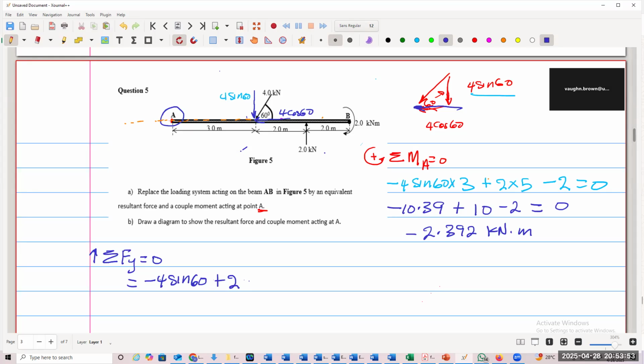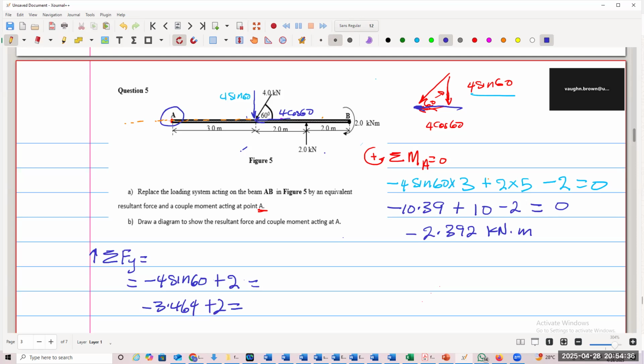So when you work that out, you don't necessarily have to equate this to 0. You just want the sum of the forces in the y, because you're finding the resultant. So this is going to be minus 4 times sine 60 plus 2. Minus 4 times sine 60 gives you minus 3.464, plus 2.